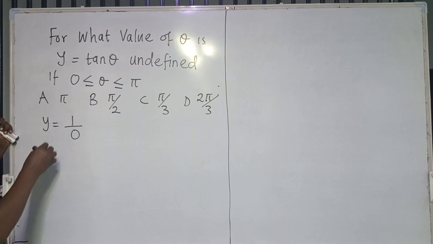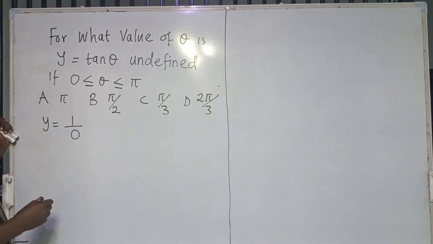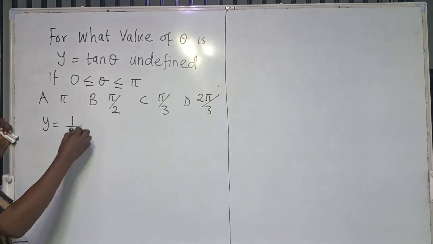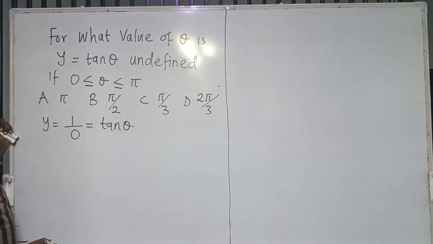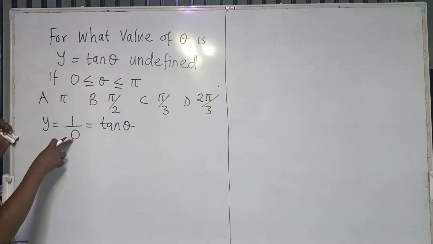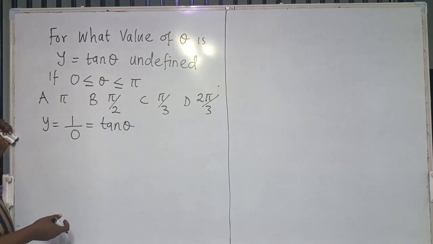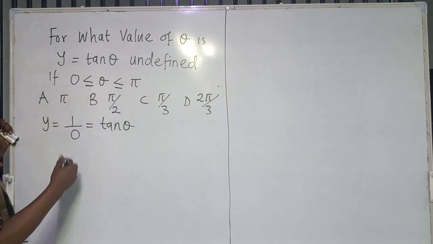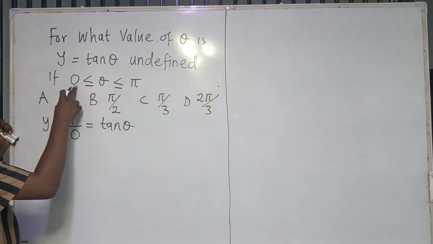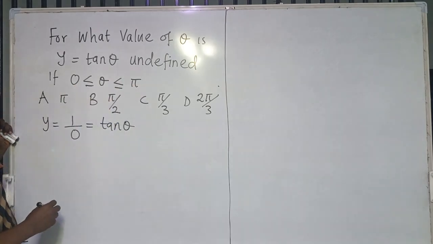The function y is equal to 1 divided by 0, which is tan theta. Anytime the denominator gives you 0, it is undefined. But they have given us a range, from 0 to 180.